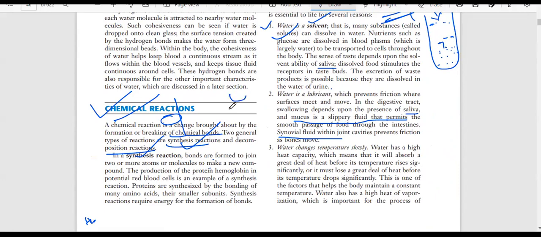Lubricant means whenever two surfaces meet together, they will touch and cause rigidity and cracking sounds.